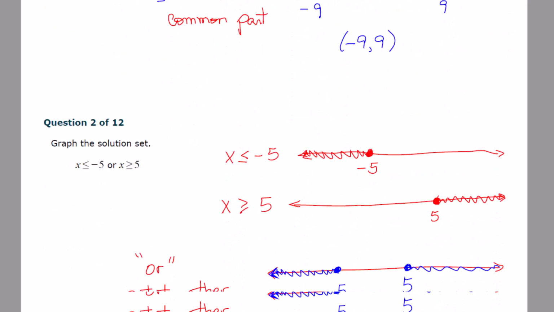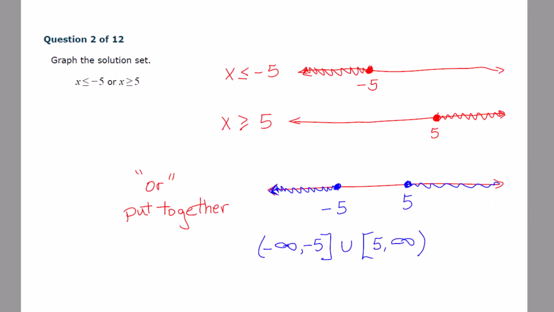What about question 2? I want all the x's smaller than or equal to minus 5. Oh, there's an equal. All right, that's going to be a closed-in dot and off to the left forever. I've got all the x's greater than or equal to 5. Again, a closed dot. Going to the right forever. And then I see this word in the middle.